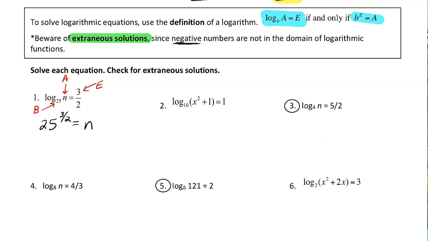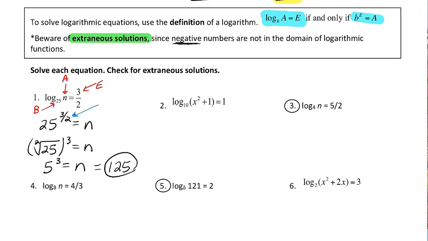From the last chapter, we learned that if you have a rational exponent like this, the 2 in the denominator we can rewrite as a square root of 25 cubed equals n. So that would be 5 cubed equals n. I think I said equals 3 on the previous one, but I meant equals n. So n would be 5 times 5 times 5, so 125.